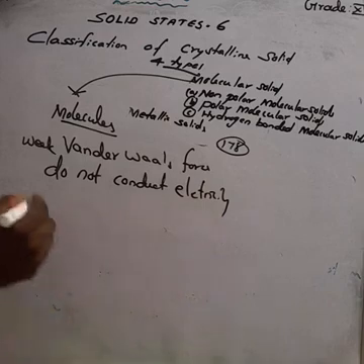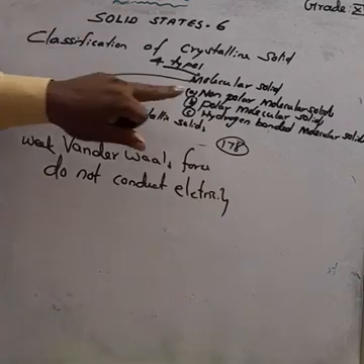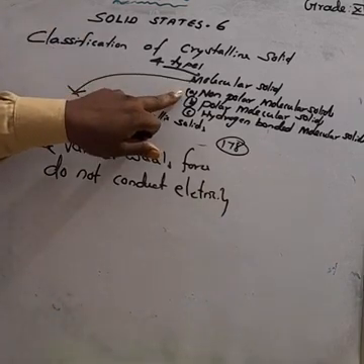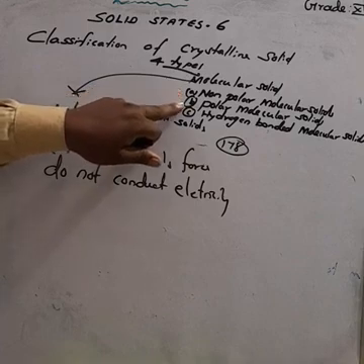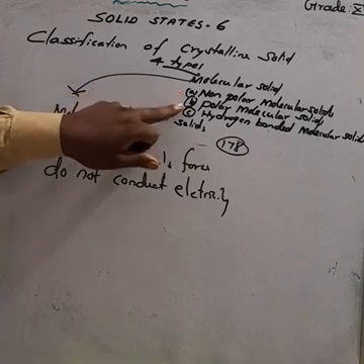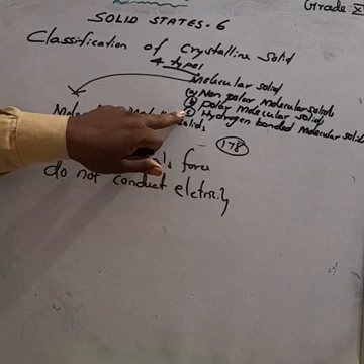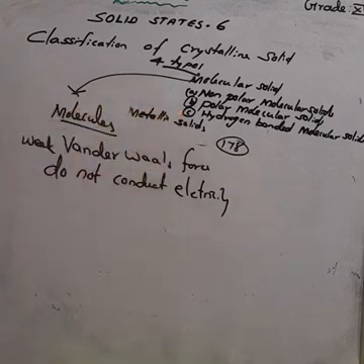They are classified into 3 types: non-polar molecular solid, polar molecular solid, and hydrogen bonded molecular solid.